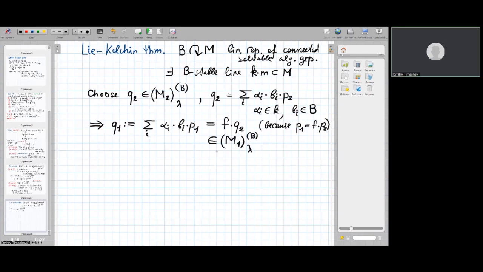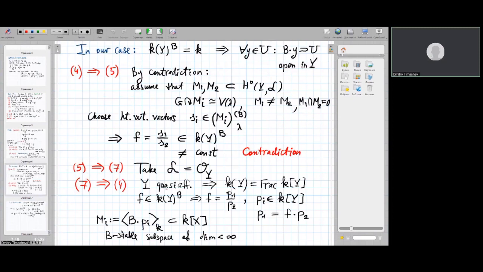We get two eigenvectors for B with one and the same eigenweight in the algebra of regular functions over Y. By the way, here I wrote, for some reason, X instead of Y. Here it should be Y, of course, not X. Sorry for this typo.